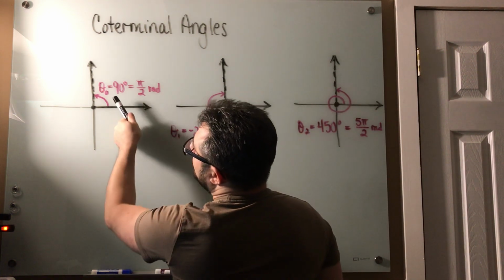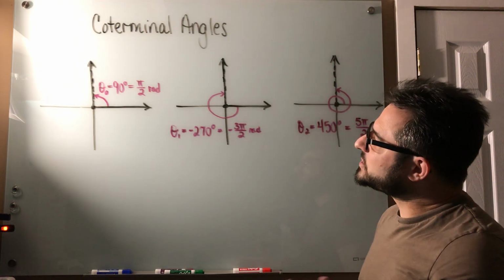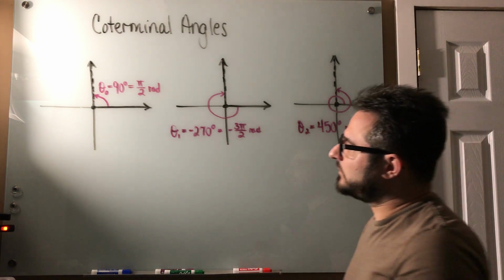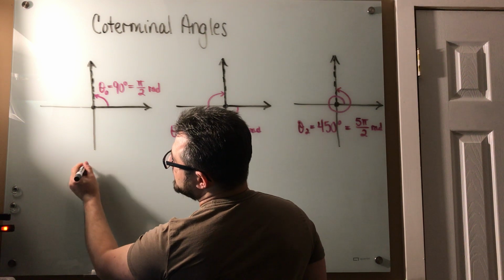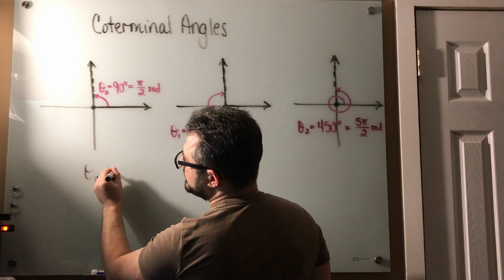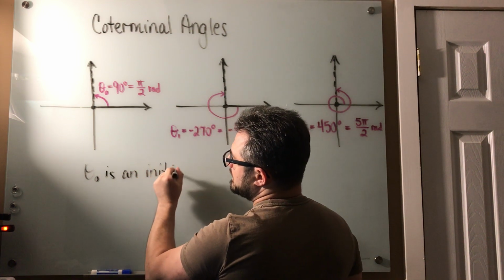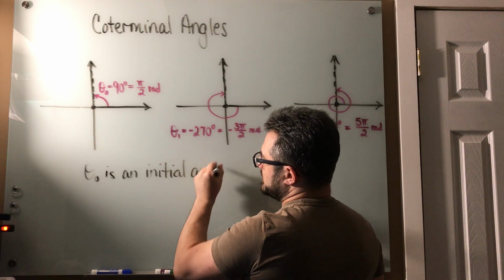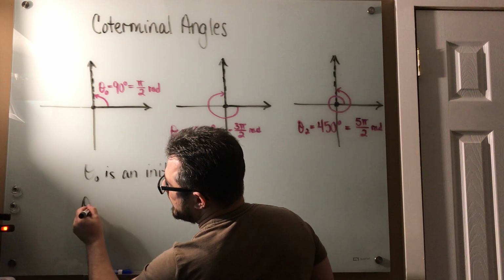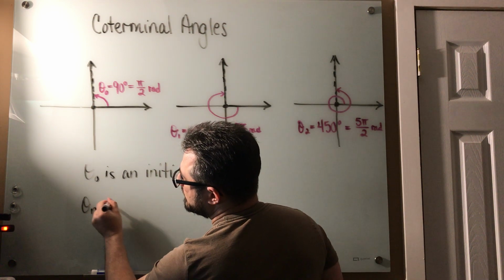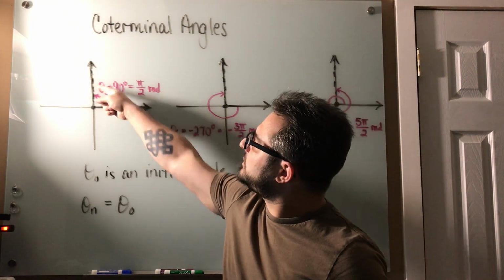And it's this idea that we have a base angle to start with, an initial angle. We call it theta sub 0. So if theta sub 0 is some initial angle, some base angle that we're working on, we're going to let theta sub n be equal to, well, it's going to have the amount of rotation of the original.